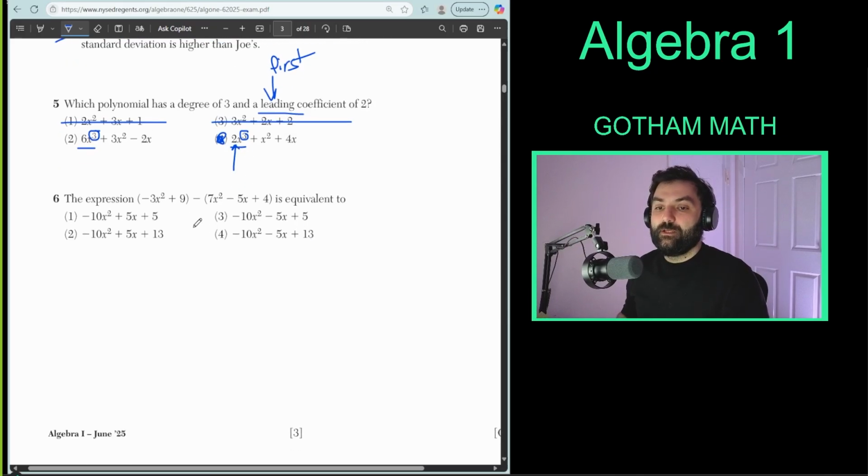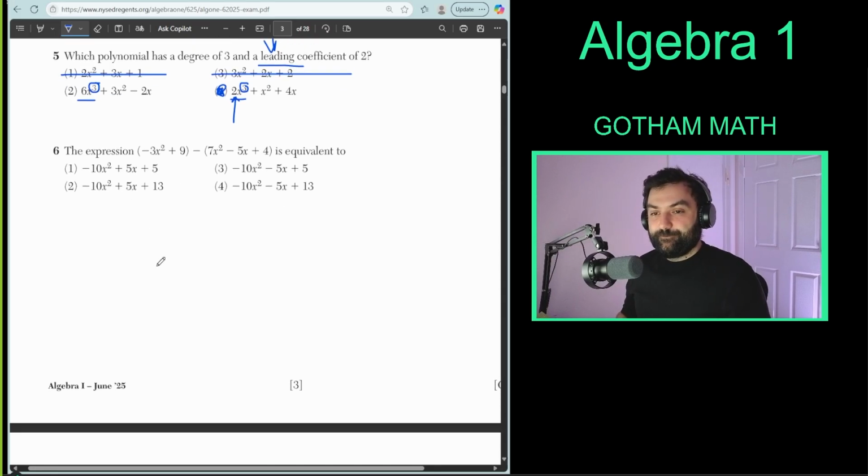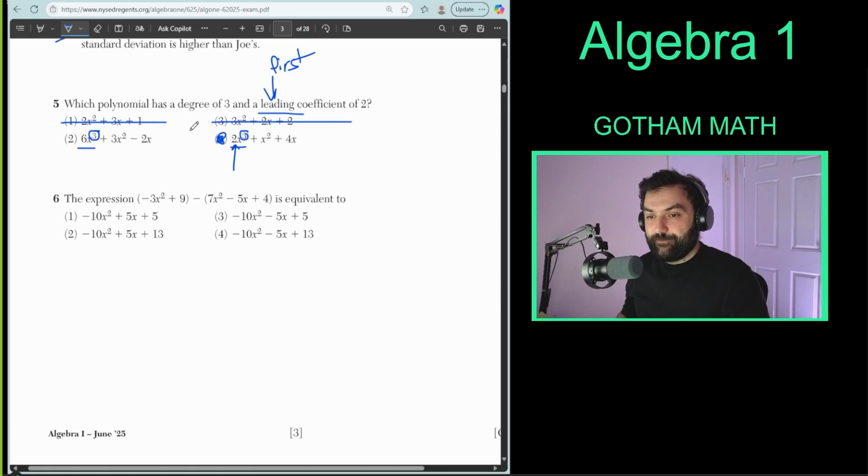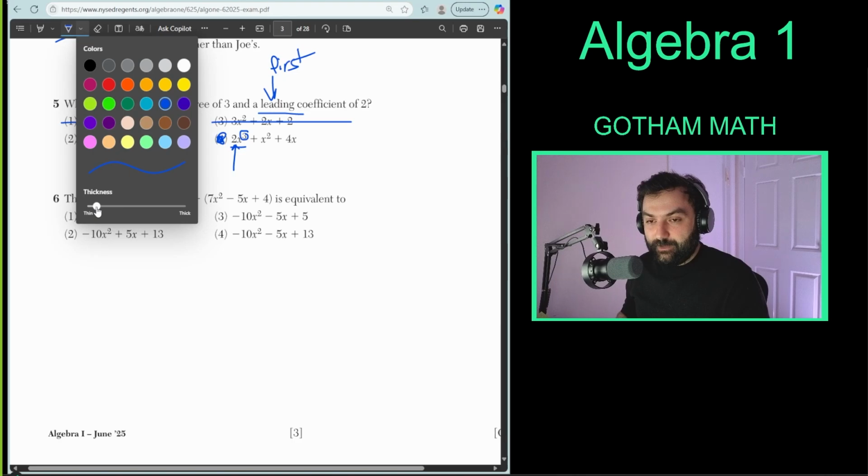All right. Number 6. So far, so good. Number 6. So over here, just straight algebra. You just need to know how to do those things. That's all. How I teach those things is right here. I like making it a little bit thicker.